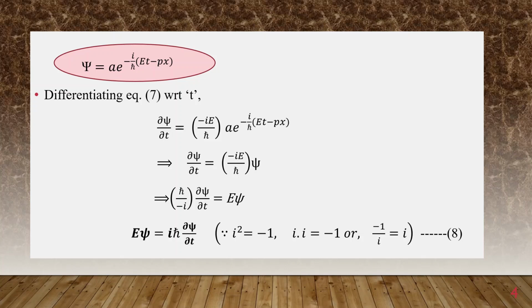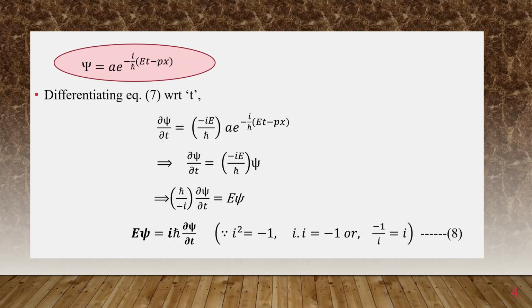Clear? This a e raised to minus i by h cross, Et minus px is simply psi. So dou psi by dou t is equal to minus i E by h cross psi. From that I need to take the energy E psi, that is the equation I need from this equation.